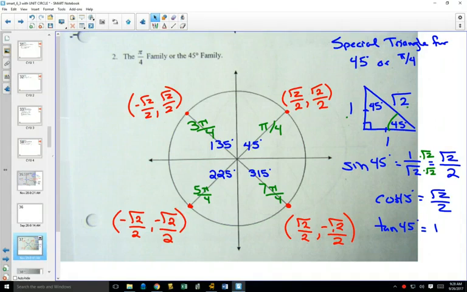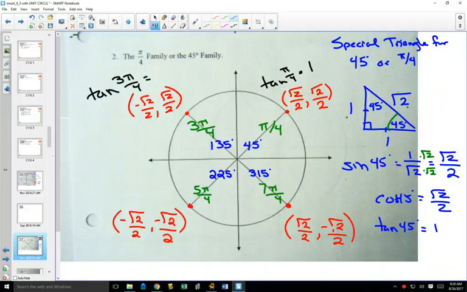So the last thing we need to add to this one, the only thing we haven't done, is our tan. So tan of pi over 4, well, if we look at our special triangle, tan of 45 degrees is 1. When we go to quadrant 2, it's going to be -1. Can you see that if tan is sine over cos, if you do root 2 over 2 divided by root 2 over 2, you're going to get 1?